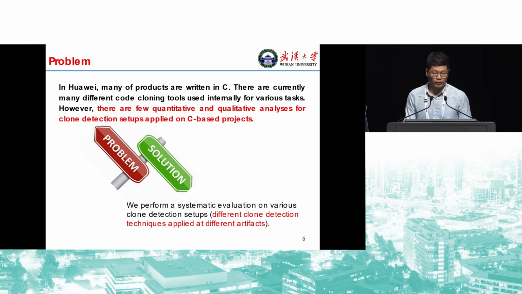Therefore, we want to perform a systematic evaluation on the various clone detection tasks, covering different clone detection techniques, for example, text-based, token-based, tree-based, and two types of artifacts, the source code level and the compiler intermediate representation level. Our goal is to allow the developers and the industrial researchers to enhance the tool capabilities and provide some guidelines for them on when to use and not to use certain types of tools.